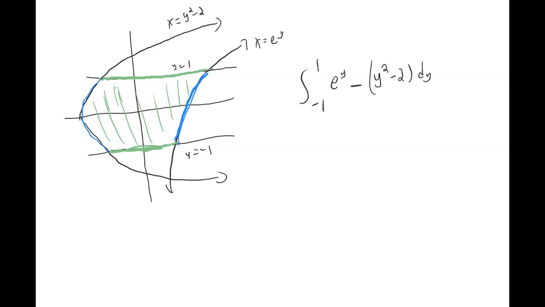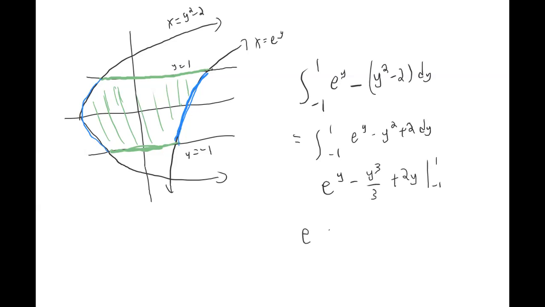And this will give you your answer if you solve for it. So minus y squared plus 2 dy. So you see that dy is much easier, right? Because the antiderivative here is y cubed over 3 plus 2y. And you just evaluate.